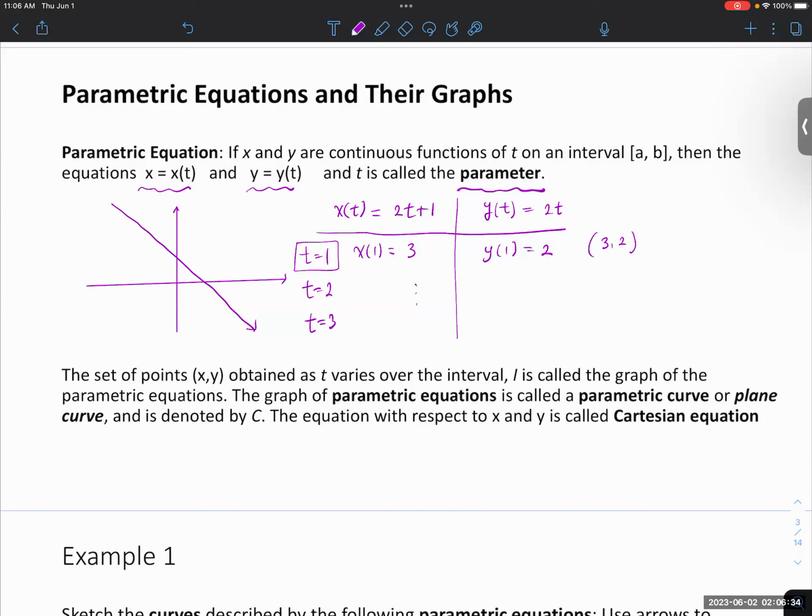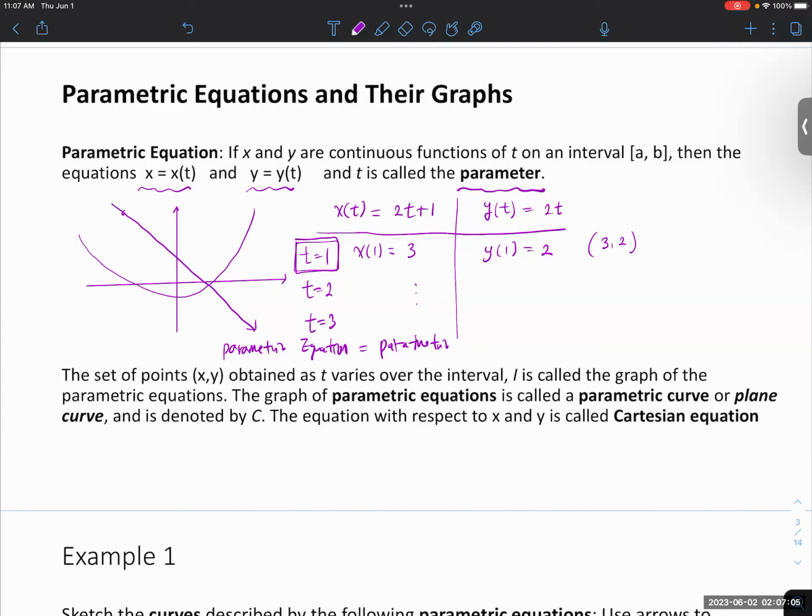We call this graph a parametric equation, or a parametric curve, because sometimes you could find a quadratic function or a trigonometric function. Depending on t, you will find a variety of parametric equations that could be a curve or a plane.